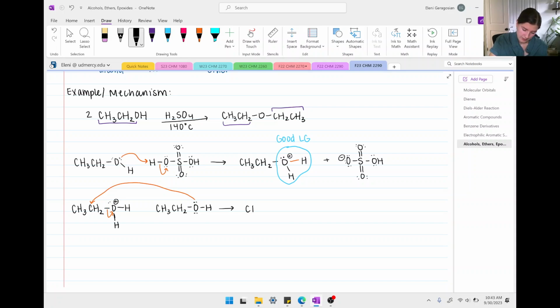Then we still have CH3, CH2 from the original protonated alcohol. That CH2 to oxygen bond broke, but now we have a new bond to the neutral alcohol. This oxygen is still bonded to a hydrogen, and then it's bonded to the CH2, CH3 group. Our byproduct in this step is water, H2O.